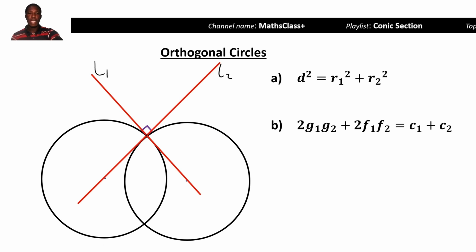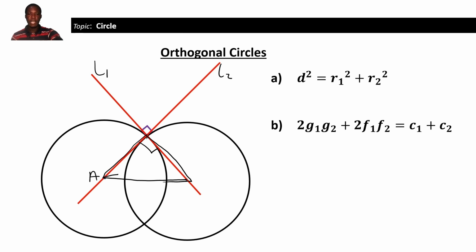Now, once the angle here is 90 degrees, it means the angle here is also 90 degrees. And when I draw a straight line to join their centers, I get a right angle triangle formed, with the distance between their centers being the hypotenuse, that is the longest side.